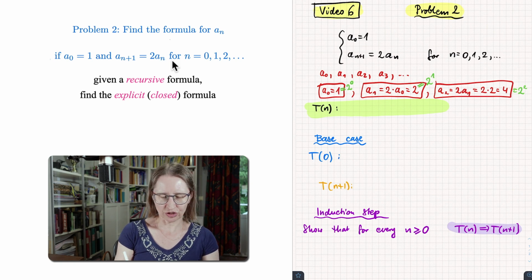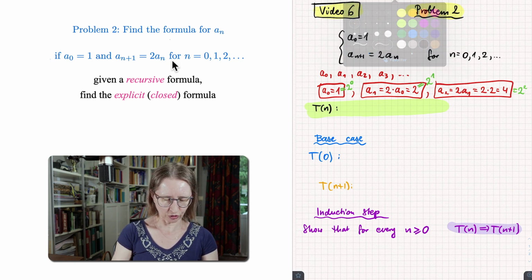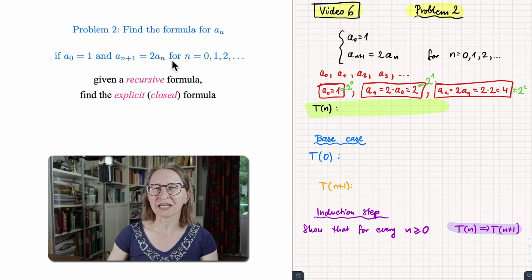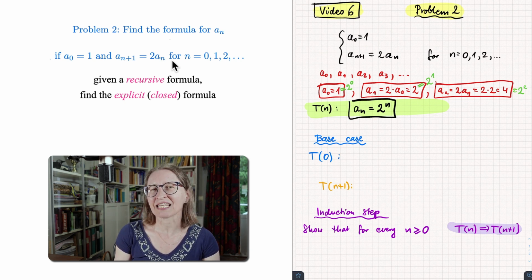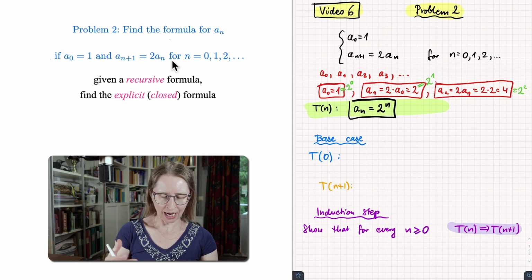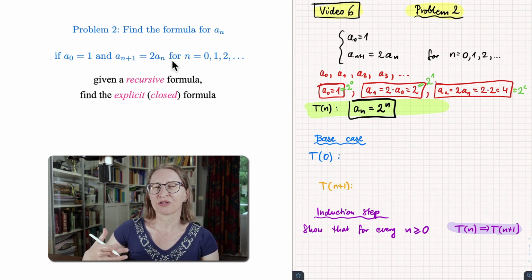So you have actually probably guessed what the formula for a_n will be, right? It is the following, that a_n is equal to 2 to the power n. This is what I have guessed by observing how the next elements of my sequence look.